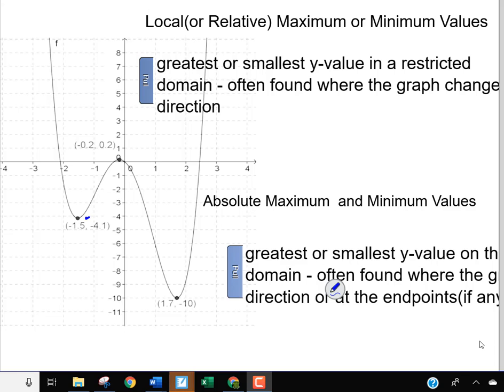This point here is a relative minimum because in a small neighborhood or a small domain, this is the lowest value in that small neighborhood. So this is called a relative minimum.